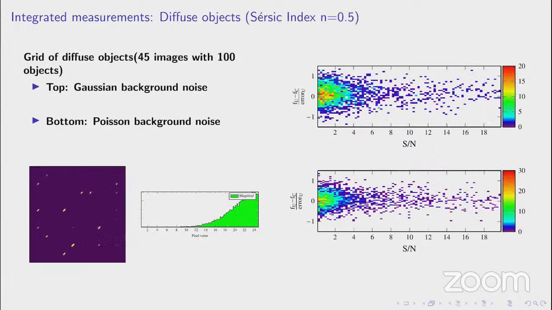But now we're talking about diffuse objects. These are trickier, as you know. Even though the center is quite bright, when we get into the diffuse areas, we have a lower signal to noise ratio, which translates into bigger differences. As you can see, even though most of the objects are around 0, the scatter is quite big.